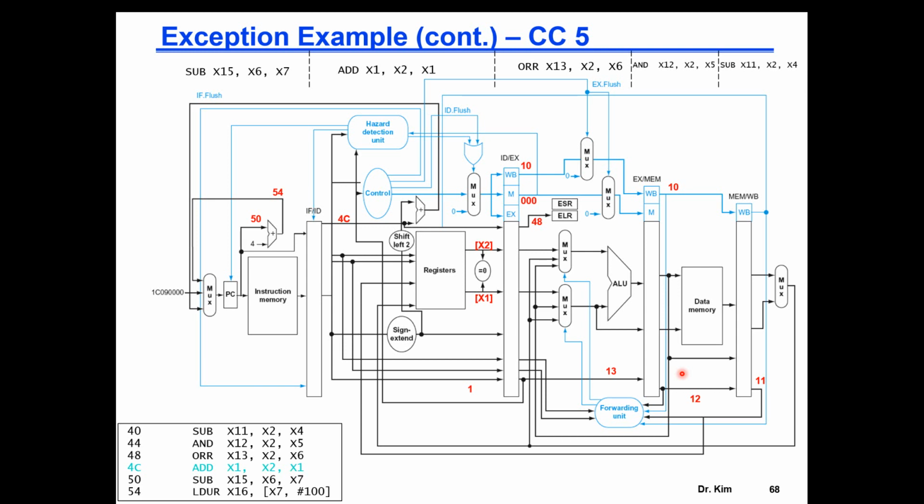When the ADD gets to the execute stage over here, that's where the overflow is going to be detected, and the values for the ESR and the ELR are just going to be sent down the pipeline through the pipeline registers.